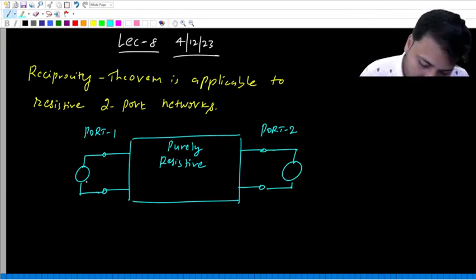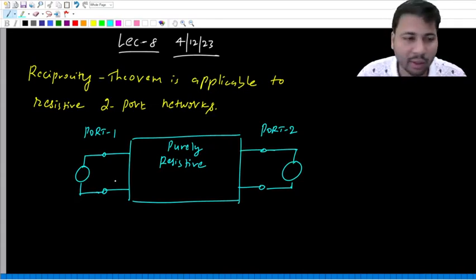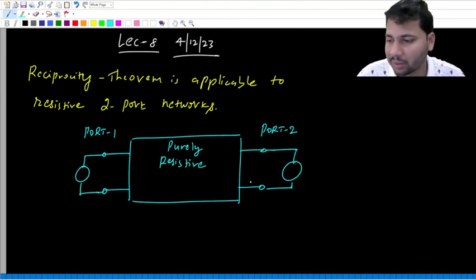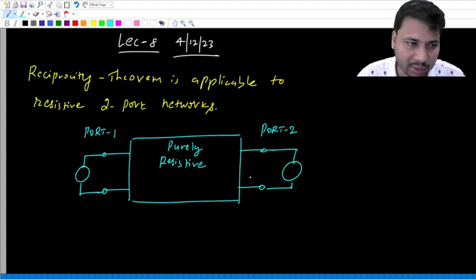Now there will be three possibilities. At both the ports you connect voltage sources, that is one possibility. At both the ports you connect current sources, that is another possibility. A third possibility would be at one port you connect a voltage source, at the other port you connect a current source. So these are the three ways, okay, of connecting independent sources at both the ports.